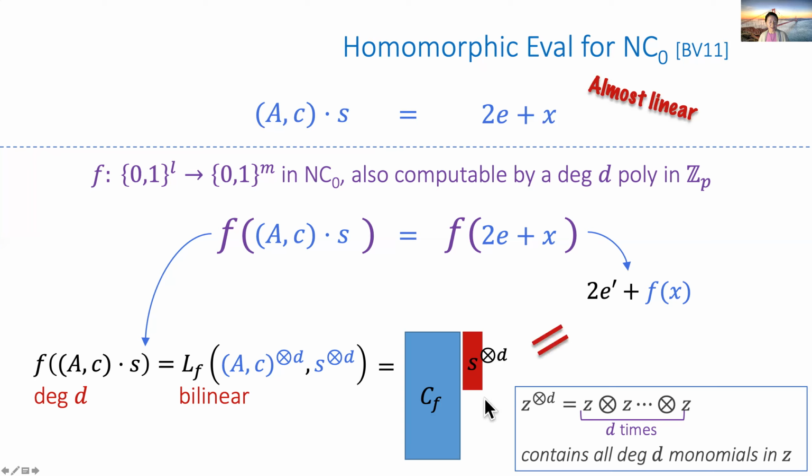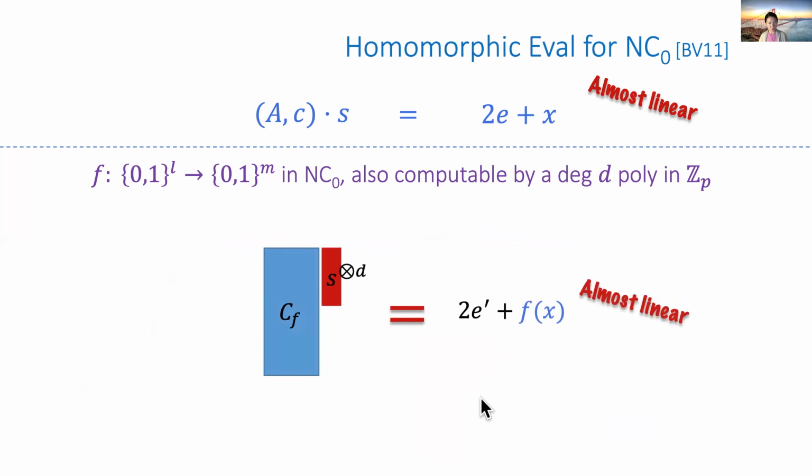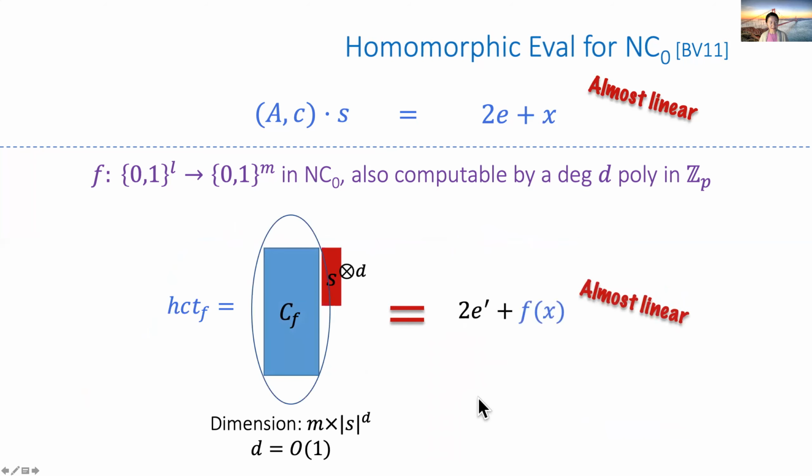Now, the left and the right-hand side equal to each other, and this effectively gives us a new decryption equation. And we can simply view this matrix CF as the output ciphertext that is evaluated from A, C using just degree D computation. And the output ciphertext has a slightly bigger dimension than the original ciphertext C.